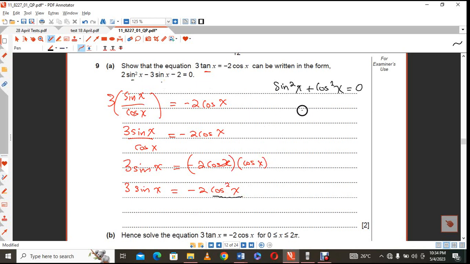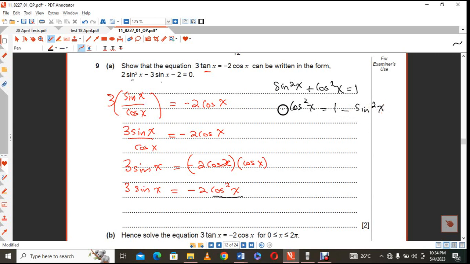So I'm going to make cos square x the subject of the formula. In fact, this is wrong, it should equal 1. Just a little mistake, sine square x plus cos square x should always equal 1. Okay, so moving a bit too fast there, Mr. Max. Please do follow.